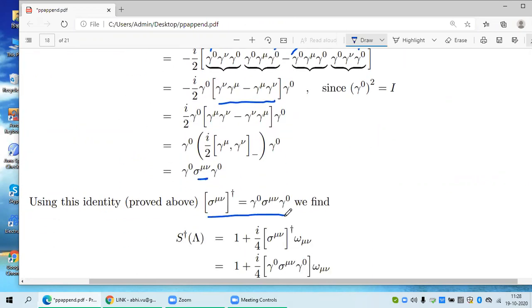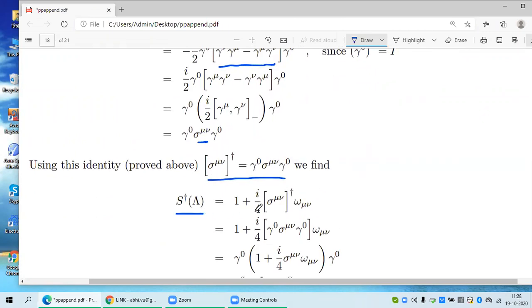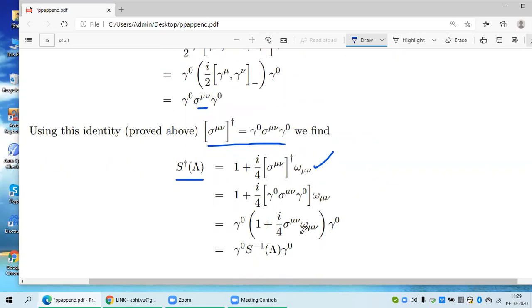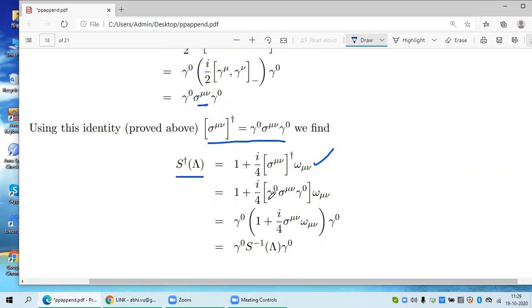So now you can put this sigma mu nu dagger in terms of sigma mu nu. Putting this, we obtain the dagger in this way. You put gamma 0 sigma mu nu gamma 0, and you do these calculations. You take gamma 0 outside, so you can write gamma 0 square.